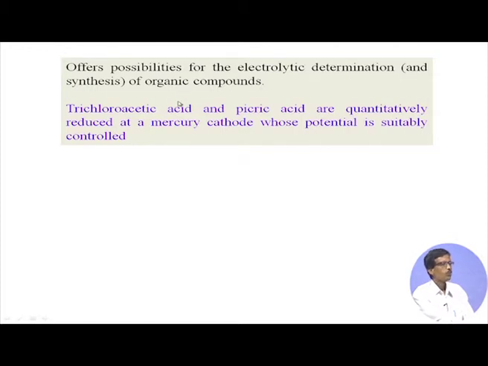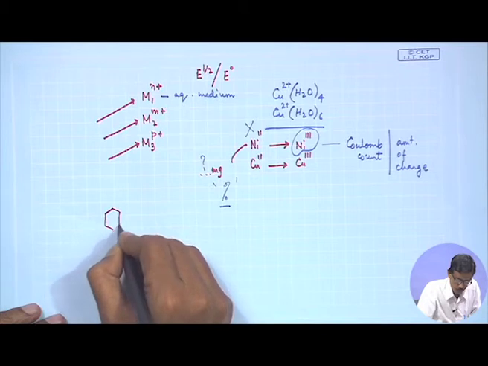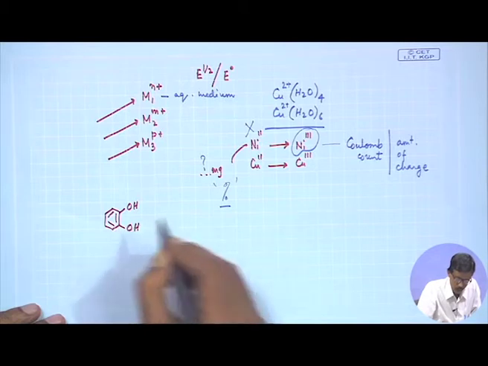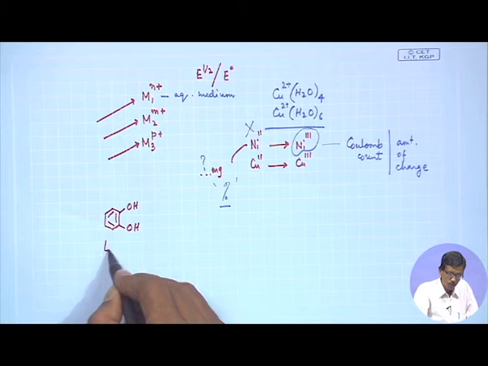We have seen that metal ions can be reduced, copper ion can be reduced to give the corresponding metallic copper deposition on the electrode, but some organic compounds also can be determined electrolytically. Once the organic compound is electroactive, a very simple example is the corresponding catechol, 1,2-dihydroxybenzene. It should be electroactive.